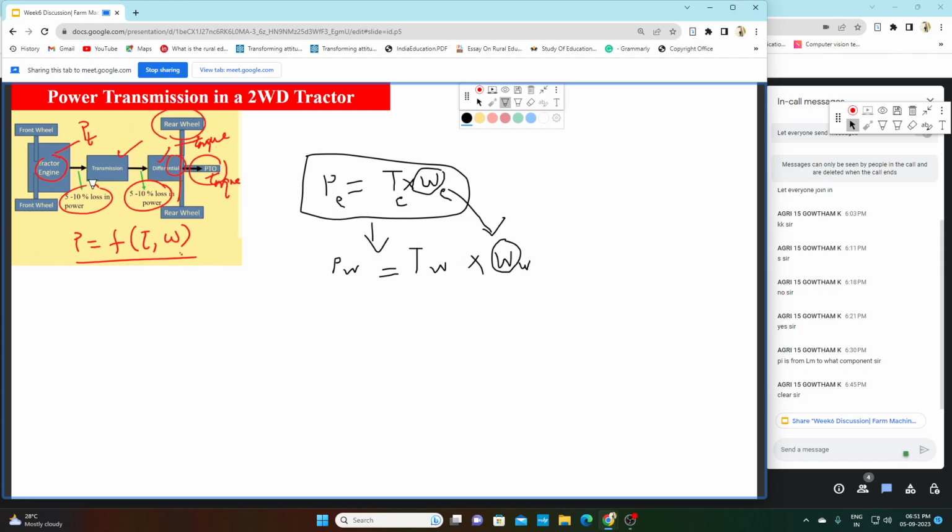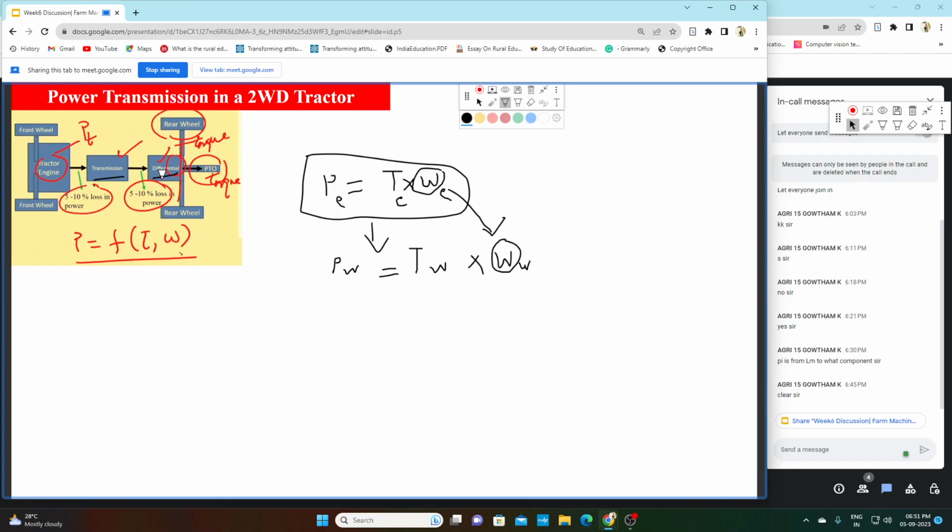So for that we have two components in between: one is the transmission and one is the differential. The transmission and differential serve the purpose of reducing the angular speed of the engine to the angular speed of the rear wheels.